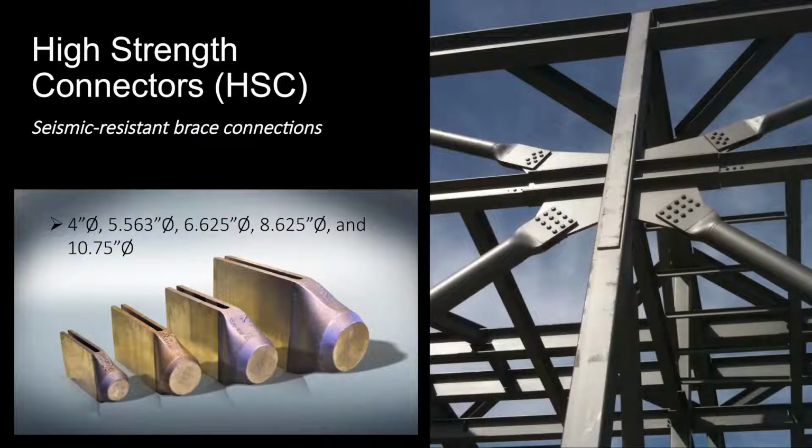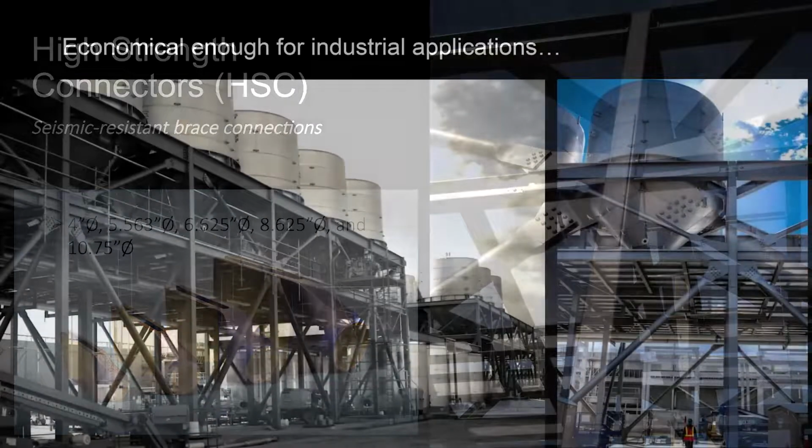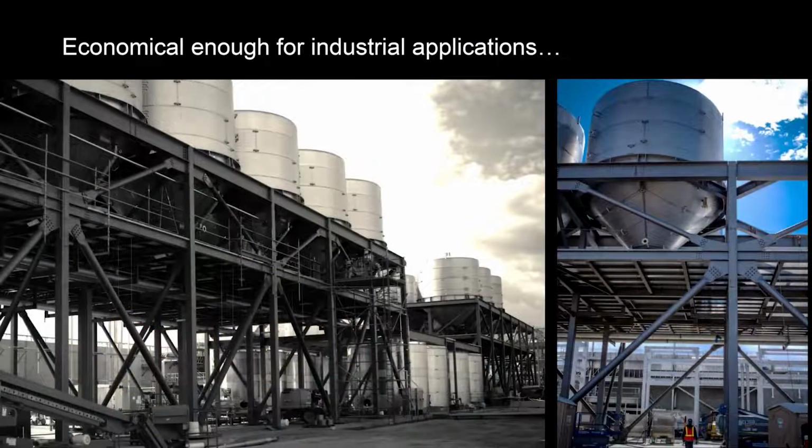And finally, as I mentioned, there's a lot of opportunity to address structural complexity with castings. And so there's castings that have been designed to address specifically structural challenges. So here, for example, are castings that are for use in seismic resistant bracing. Because of the economy that they offer through the elimination of field welding, they're often used in industrial applications.